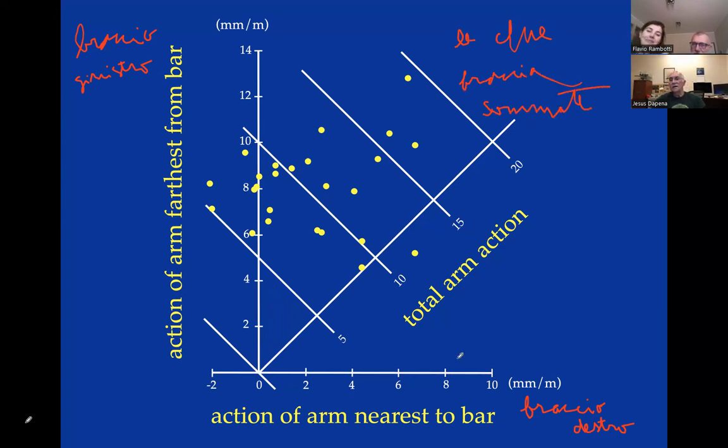Now you say, how do I express these actions? Well, what I do is I look at the start of the takeoff phase, where are the arms, and then at the end of the takeoff phase, where they are. So I see the vertical range of motion of the center of mass of the arm relative to the shoulder, where it was at the beginning of the takeoff phase and where it was at the end of the takeoff phase.